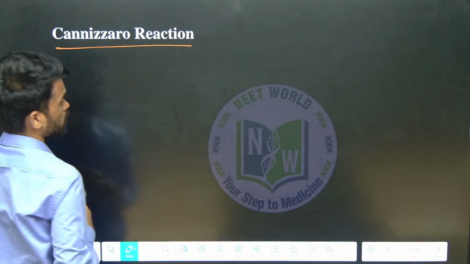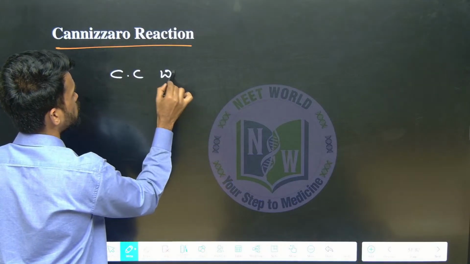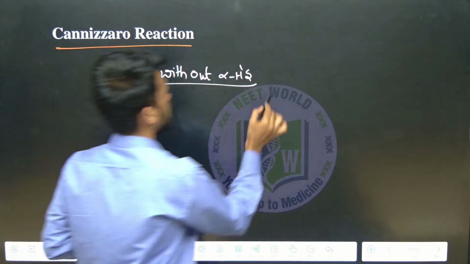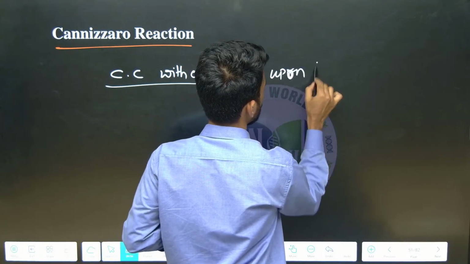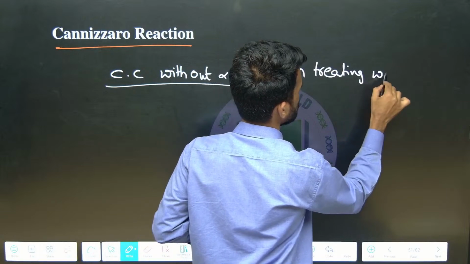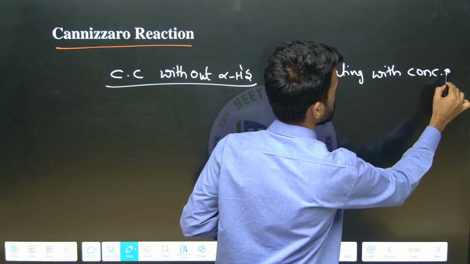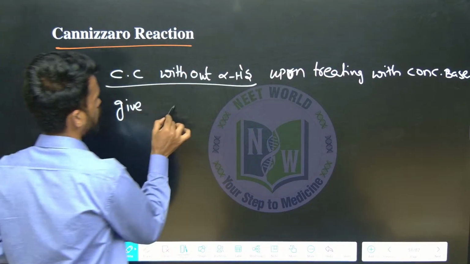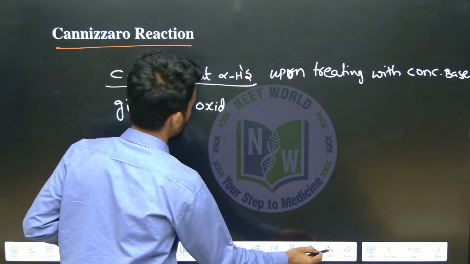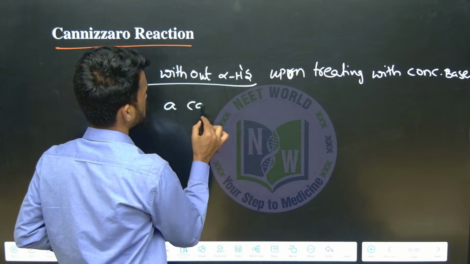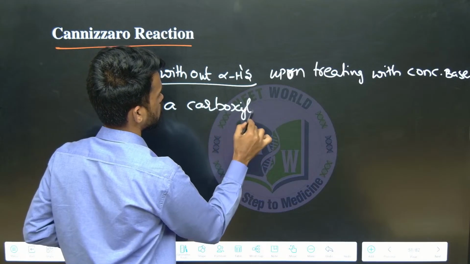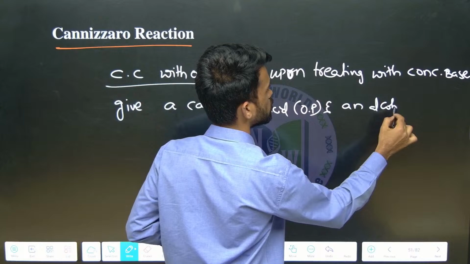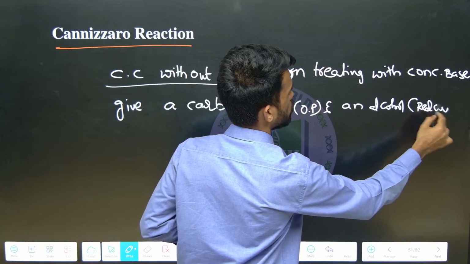Cannizzaro reaction means carbonyl compounds without any alpha hydrogens, upon treating with concentrated base, concentrated NaOH, KOH like that, give a carboxylic acid, that is an oxidized product, and an alcohol, a reduced product.